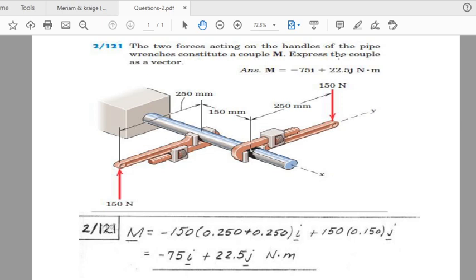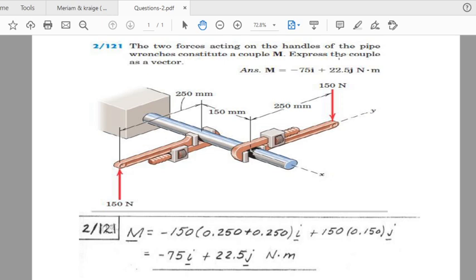If we curl the fingers of our right hand in the direction of rotation from x to y, it is going to indicate the positive z direction, which is going to be upward. So when we write this 150 Newton force in vector form, it is going to be minus 150 k. So the moment of this couple is going to be equal to R bar cross F.